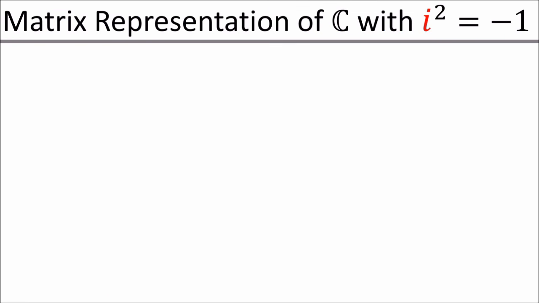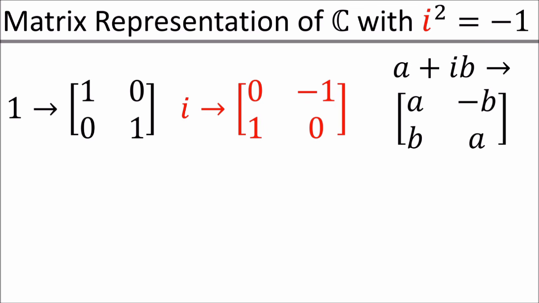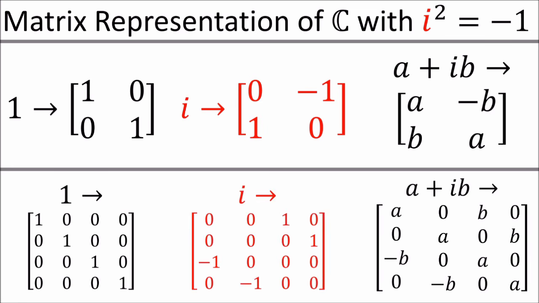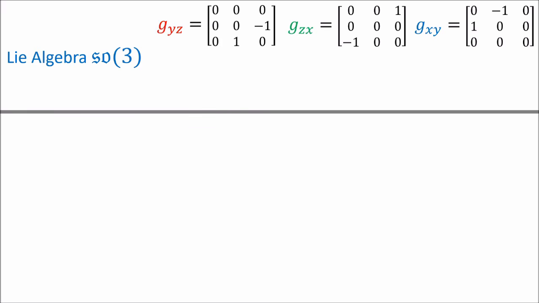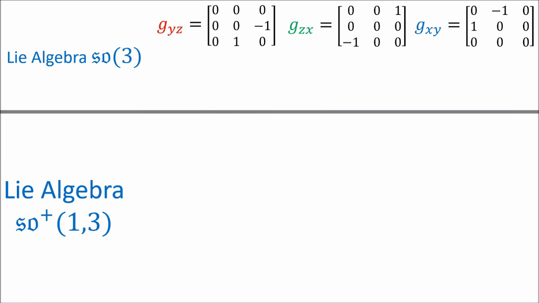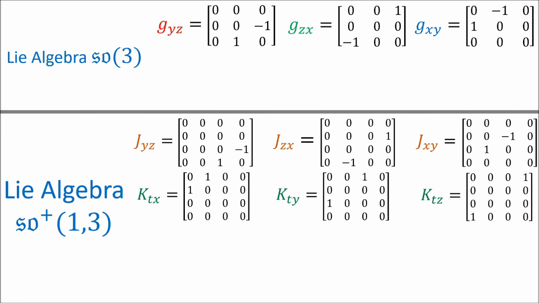If you've ever seen the complex number i represented as a matrix that squares to the negative identity, you might know that there are multiple different matrices of all different sizes that satisfy this property. The same is true for our Lie algebra generators. We've seen the 3x3 SO3 generator matrices and the 4x4 SO plus 1, 3 generator matrices.